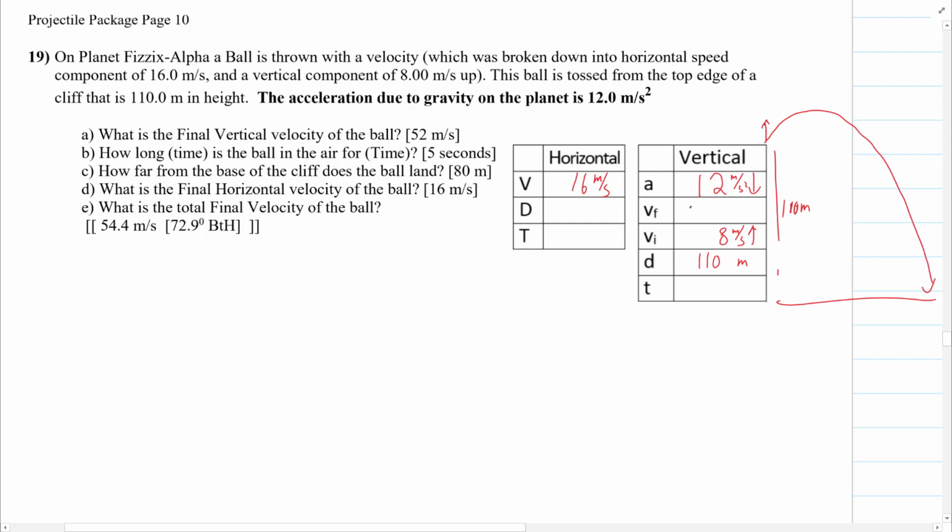So we're going to get the final velocity. Vf squared is equal to Vi squared plus 2AD, and Vi is going to be 8, and that's up, squared, plus 2 times 12 down times 110, and that's down. Both are down, so this is going to be a positive term. This is always a positive term.